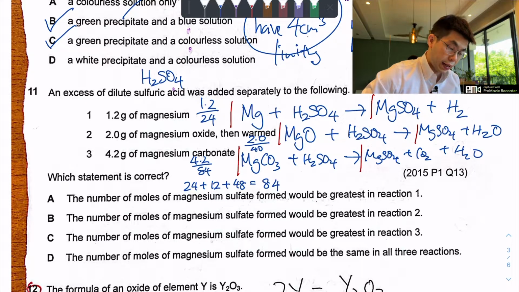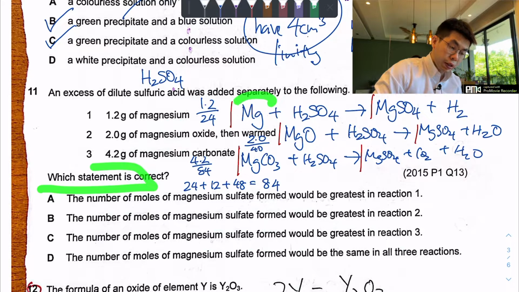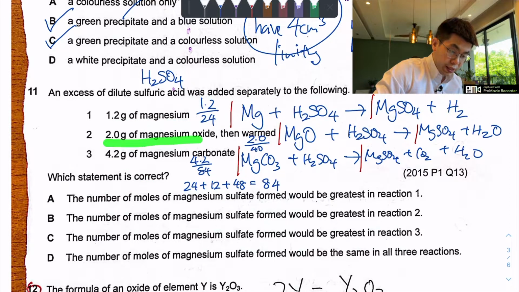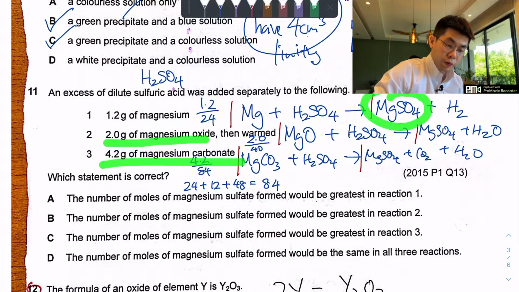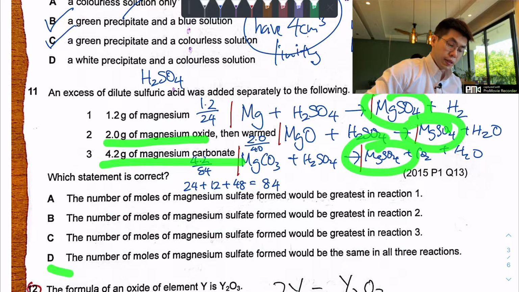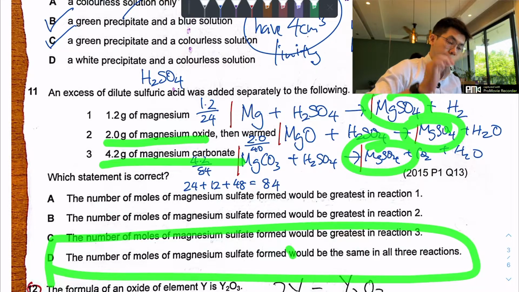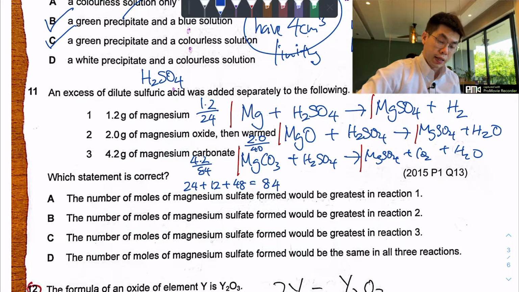I hope you can see that. So therefore, which statement is correct? The number of moles of this is the same as this, is the same as this, so all of the moles of magnesium sulfate produced is exactly the same. So the answer here is D.